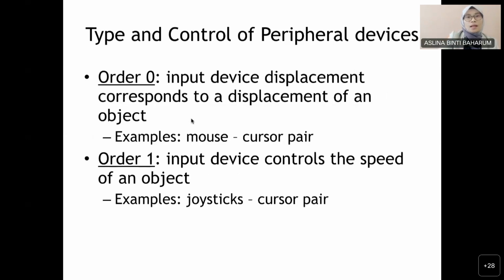Order 0, order 1. Input device displacement corresponds to a displacement of an object. This one is mouse, single cursor pair. And this one is order 1, input device for the speed, the joystick. This one mouse, this one for joystick.